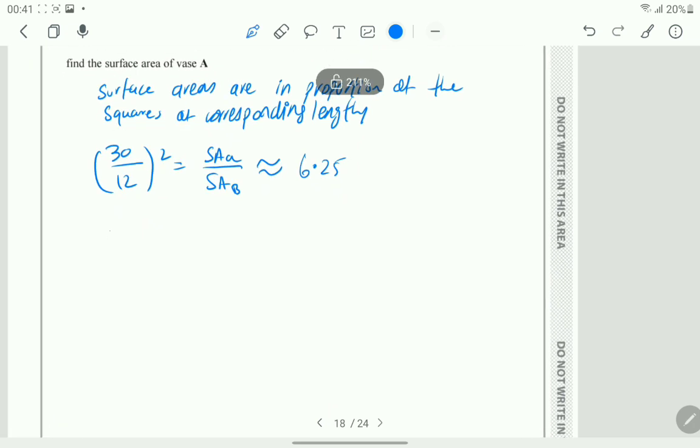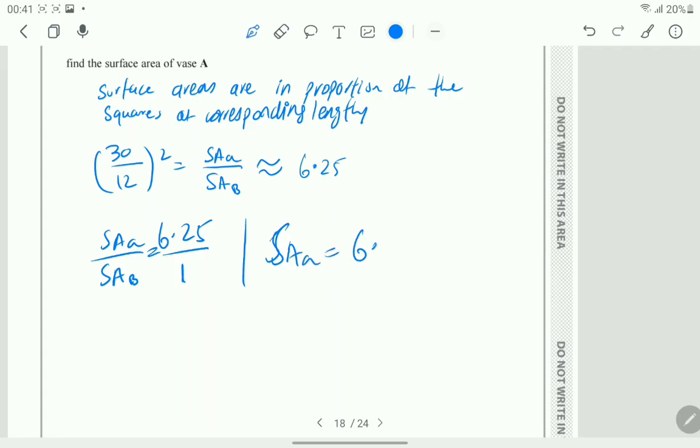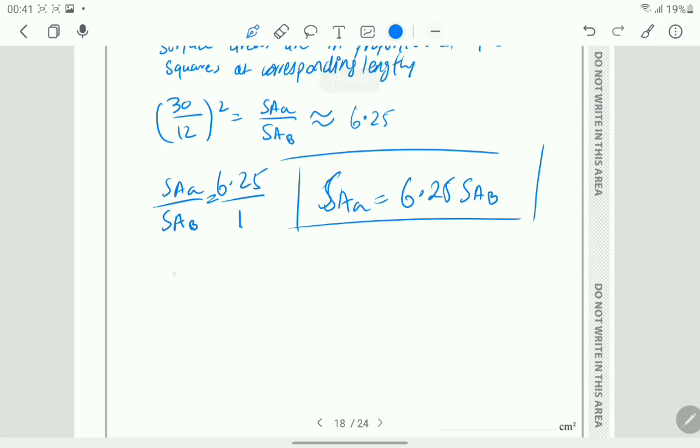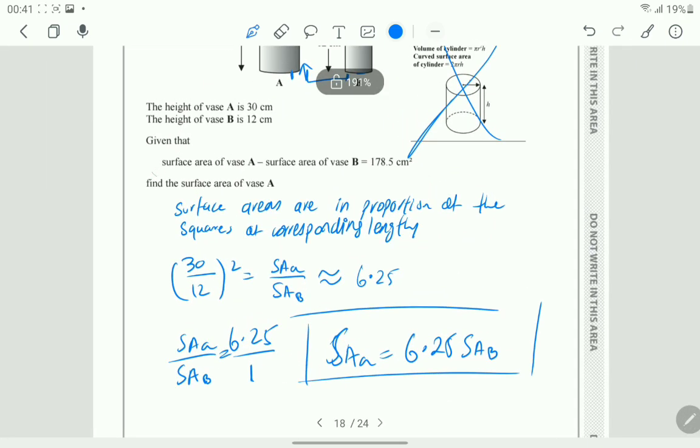So the surface area of the bigger vase A is 6.25 times greater than the surface area of vase B. So if I were to put it in an equation like this, surface area of vase A is 6.25 times the surface area of vase B. Makes total sense, right? So now let's use it in the equation that the question has given us.